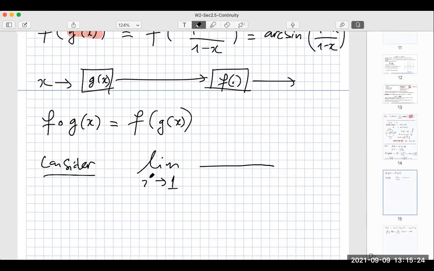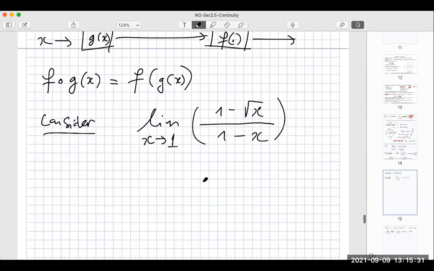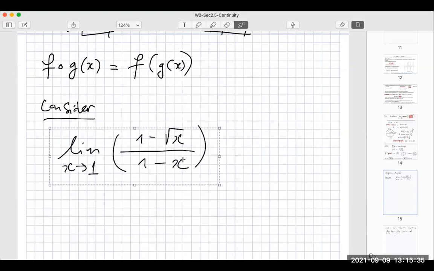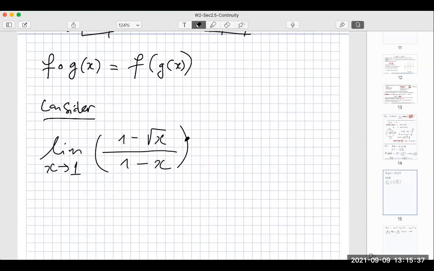The inside one, 1 minus square root of x over 1 minus x. Very good. So how can we compute it? Very good. So we see that this term is very annoying, right? We multiply with the conjugate of this. And what exactly is it?